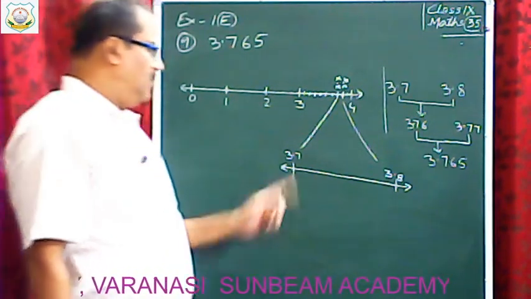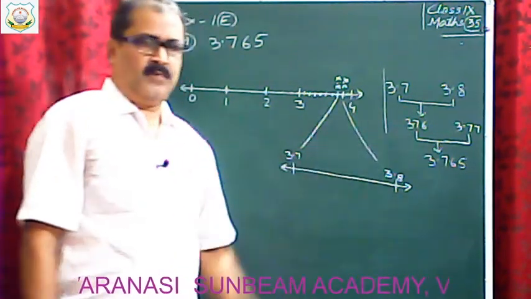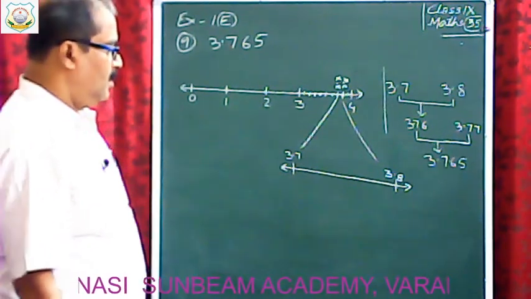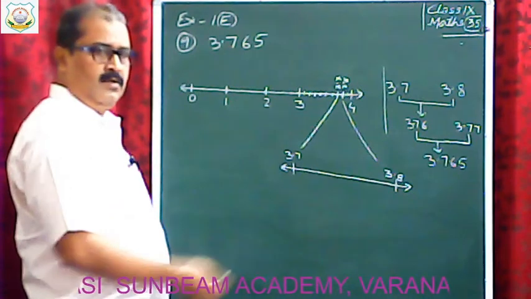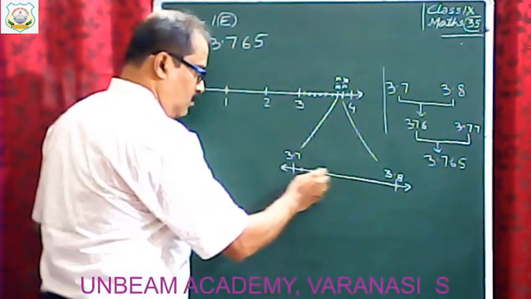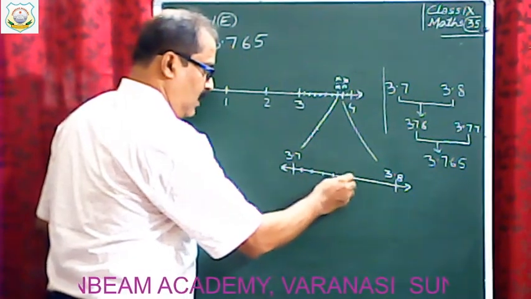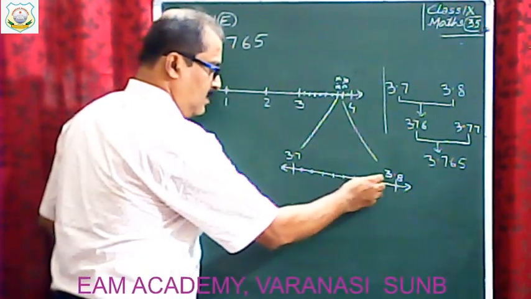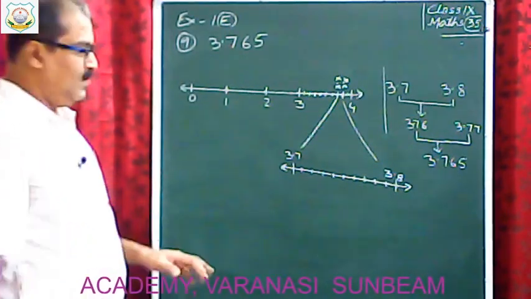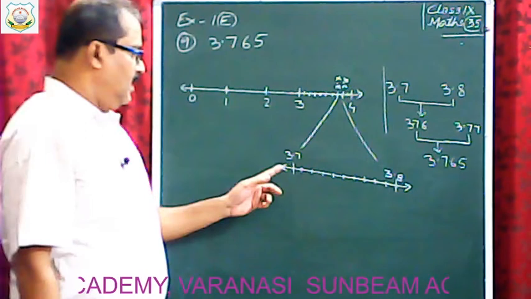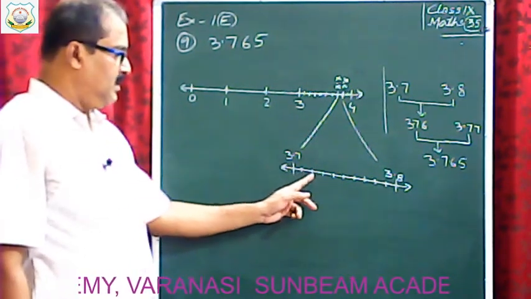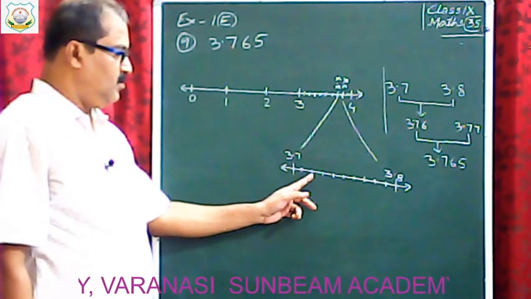Now thereafter you have to represent 3.76 and 3.77 on this part of number line. So again you have to divide this into 10 equal parts. 1, 2, 3, 4, 5, 6, 7, 8, 9. 9 dots mean 10 equal parts. Okay. So first point is 3.71. Second point is 3.72.